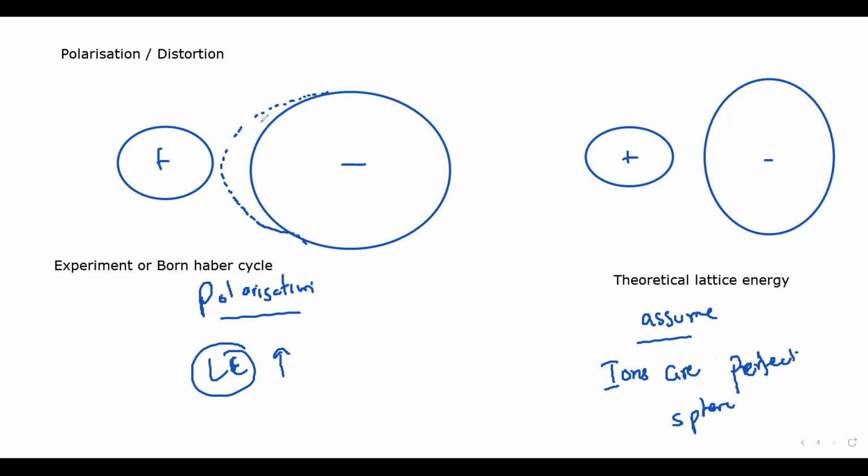And due to this distortion, there is always a difference between the theoretical and experimental or Born-Haber lattice energy. Born-Haber cycle or experimental values are always higher than theoretical values.